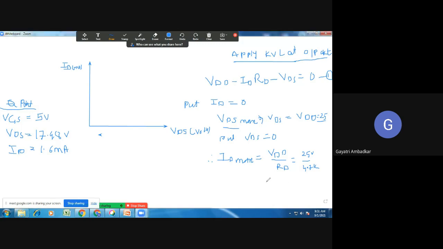It is equal to 5.3 times 10 to the power of minus 3 ampere, because K goes as 10 to the power 3, so it is milliampere. So you got these two things.